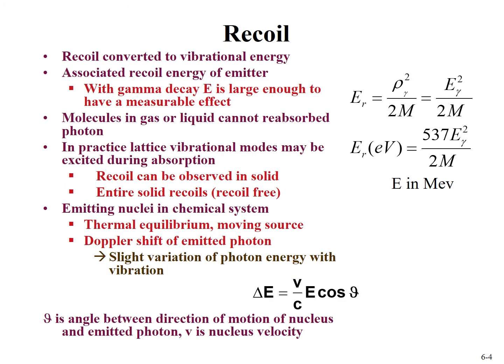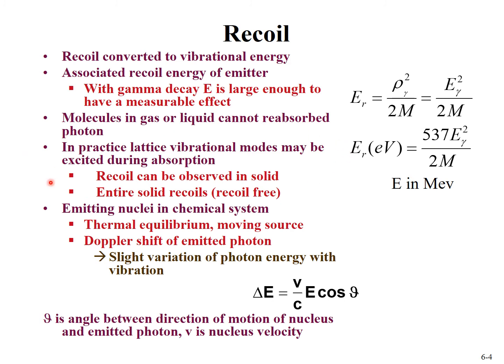Again, we should go back to what we discussed earlier, which is a review of recoil. We discussed that gammas can induce recoils in nuclei. Now, Moessbauer spectroscopy works only on solids.